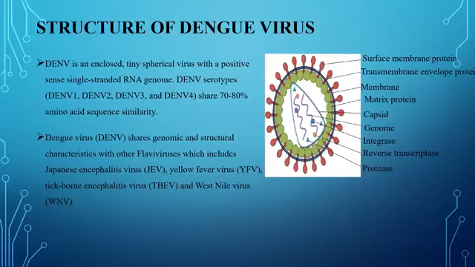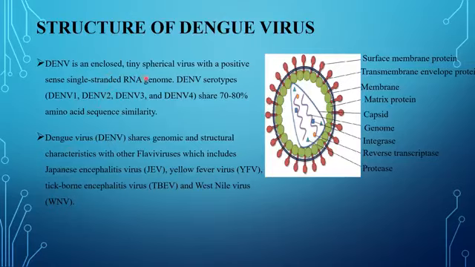Now we will discuss the structure of the dengue virus. The structure of the dengue virus is mostly spherical in shape. It consists of a single positive-sense RNA which is enclosed in capsid proteins, and the protein can also be enclosed in a membrane.